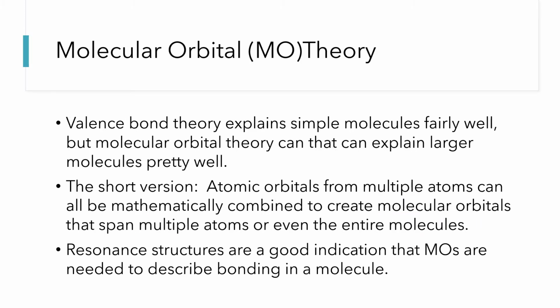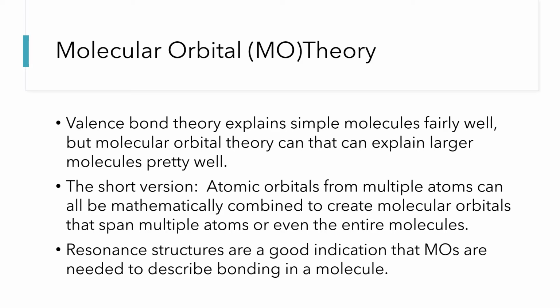Valence bond theory does a pretty good job of explaining some fairly simple molecules, but molecular orbital theory allows us to use some of the same ideas but expand them to much bigger molecules. In the short version of molecular orbital theory, we're still going to start with the atomic orbitals like s, p, d, but we're not going to use the orbitals from just one atom or even just two atoms.